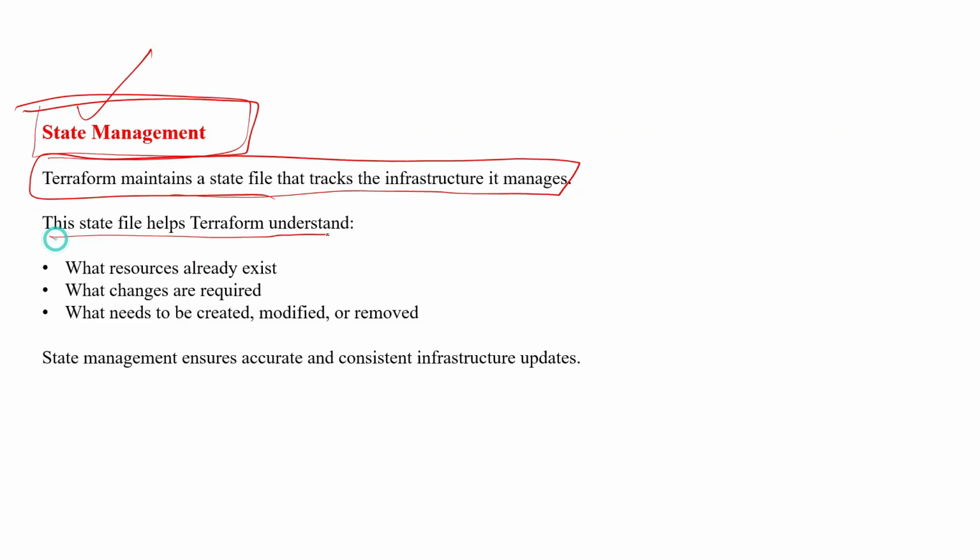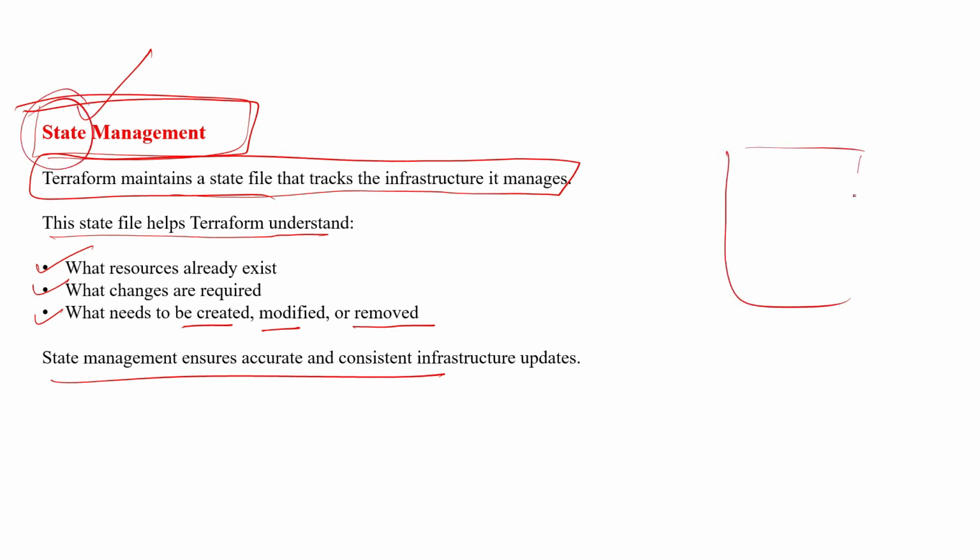This state file understands what resources already exist, what changes are required, what needs to be created, modified or removed. So whenever we run Terraform to create any resources, it automatically creates a state file. For example, I ran my Terraform to create one virtual machine which contains one web server.